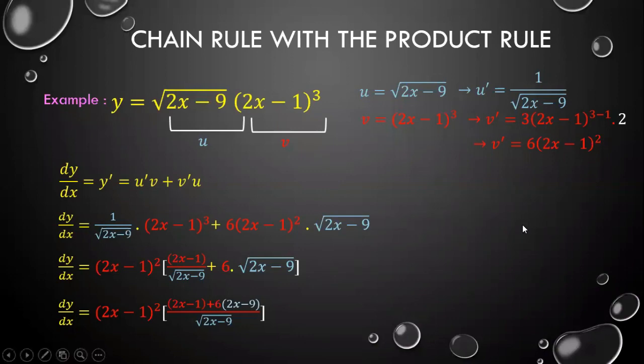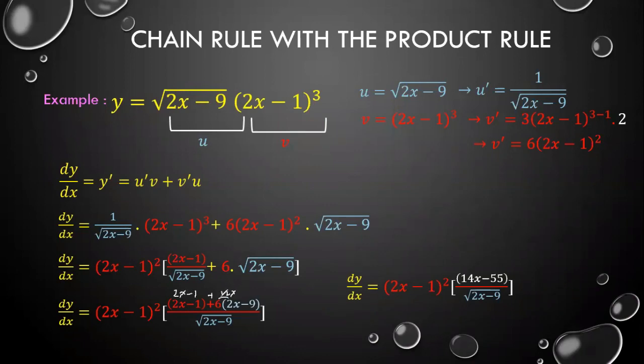Now we're going to simplify this dy over dx. So 2x minus 1 squared times, in parentheses, 14x minus 55 over root of 2x minus 9. I want to show you once again. Here is 2x minus 1. And here is 12x. And here again, minus 54.